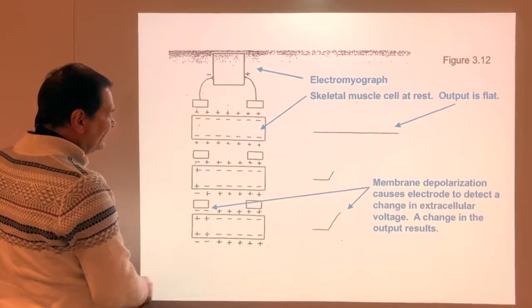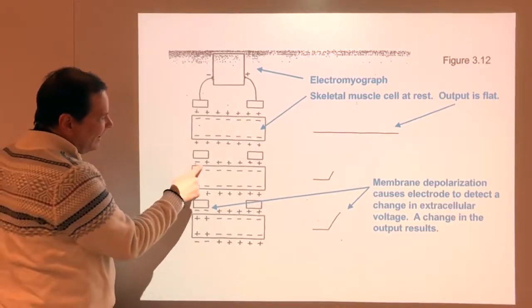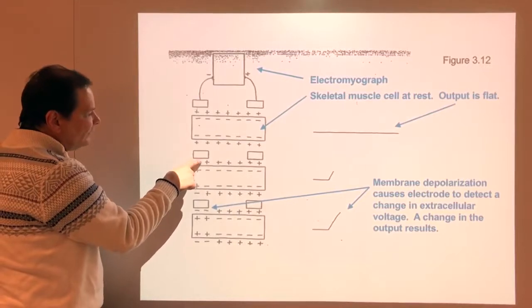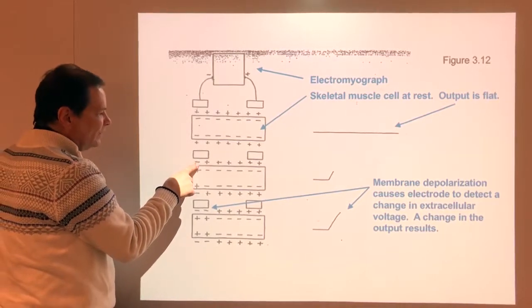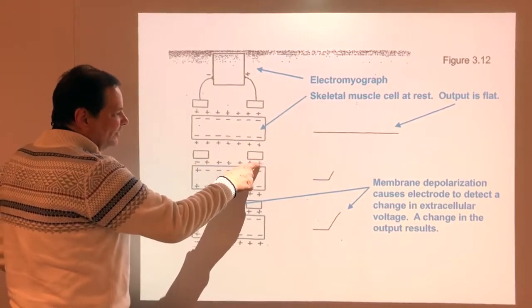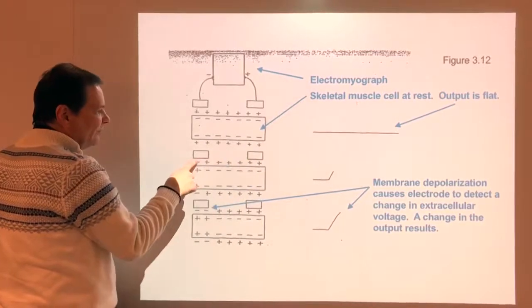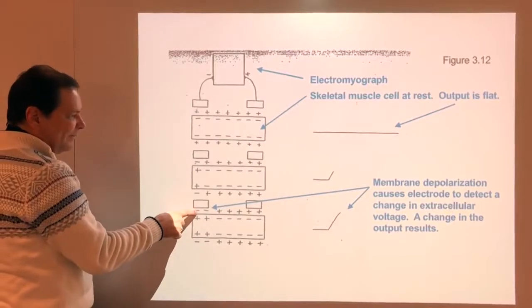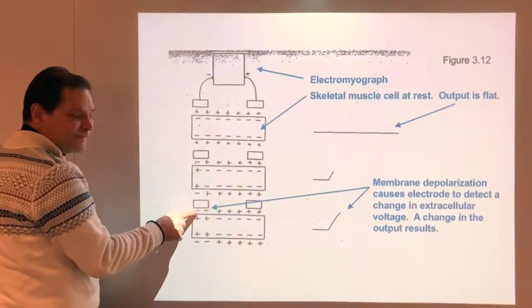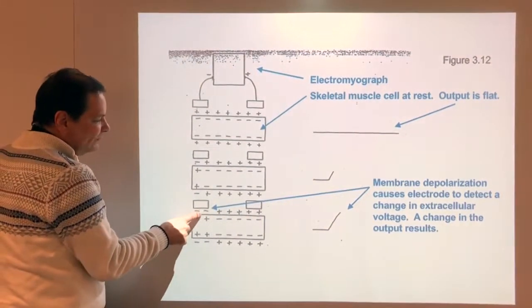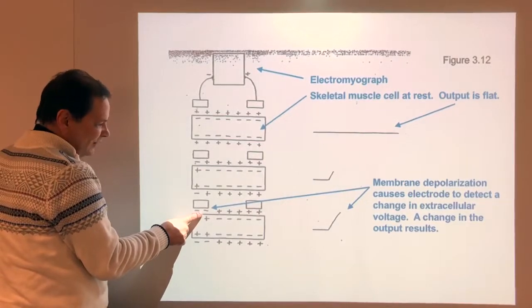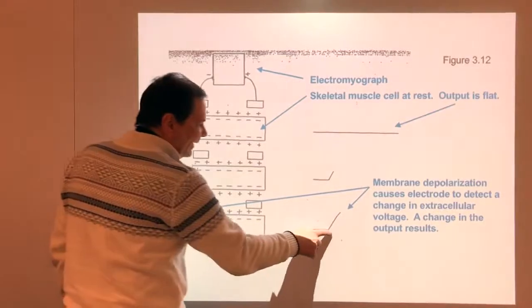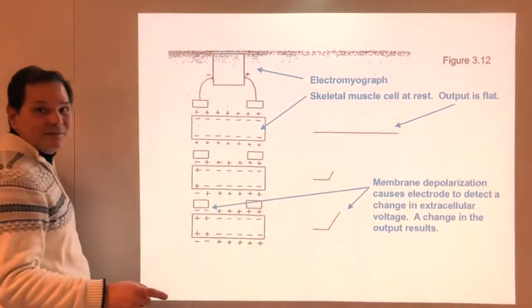If I begin to propagate from left to right in this cell, my anode starts to see some negative charge. My cathode is positive relative to my anode, and I get a positive deflection. If that propagation continues, then my anode sees even more negative charge, and my cathode is more positive relative to my anode, and I get a further positive deflection.